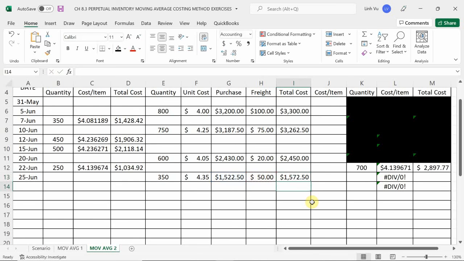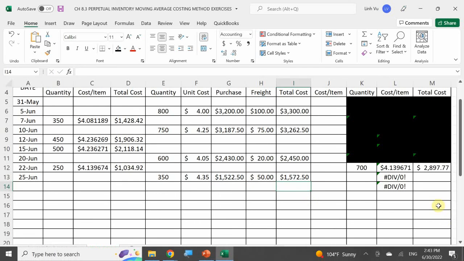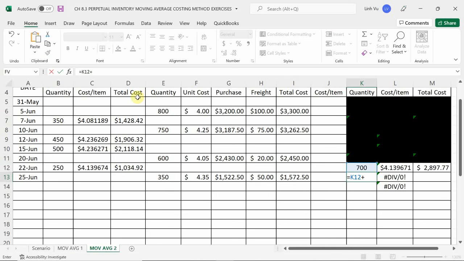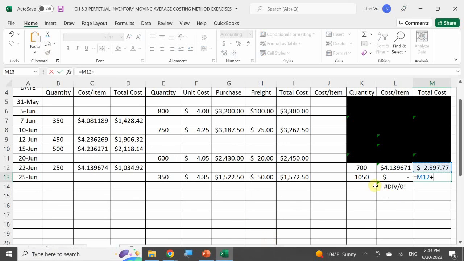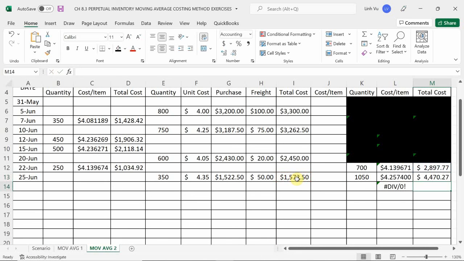Make it to $1,572.50. Okay, so let's add that in. So you should get 1,050 available at a total cost of $4,470.27, which will bring up your average cost again up to $4.25740. Okay.